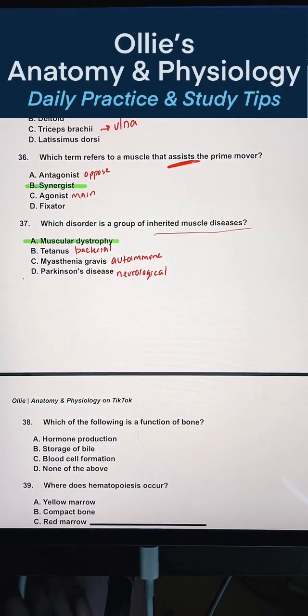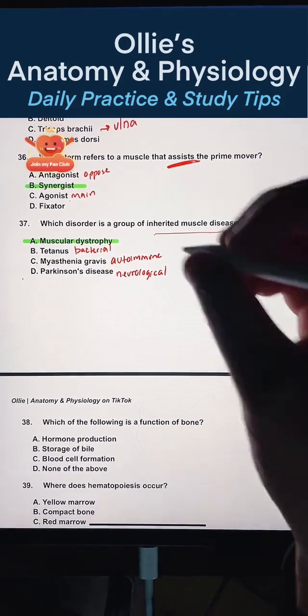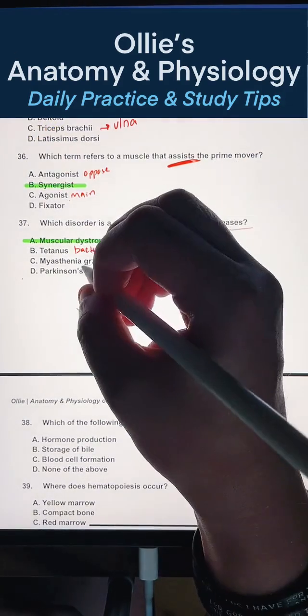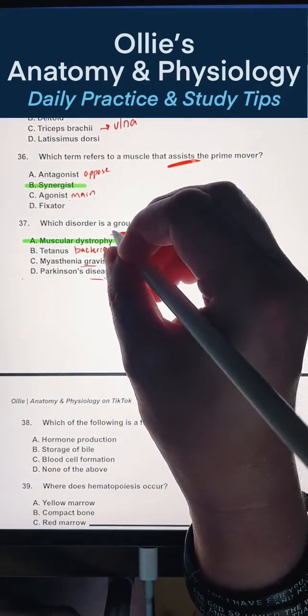So when we're talking about a group of inherited muscle diseases, we are talking about muscular dystrophy. These are individual disorders, but we're referring to a group.